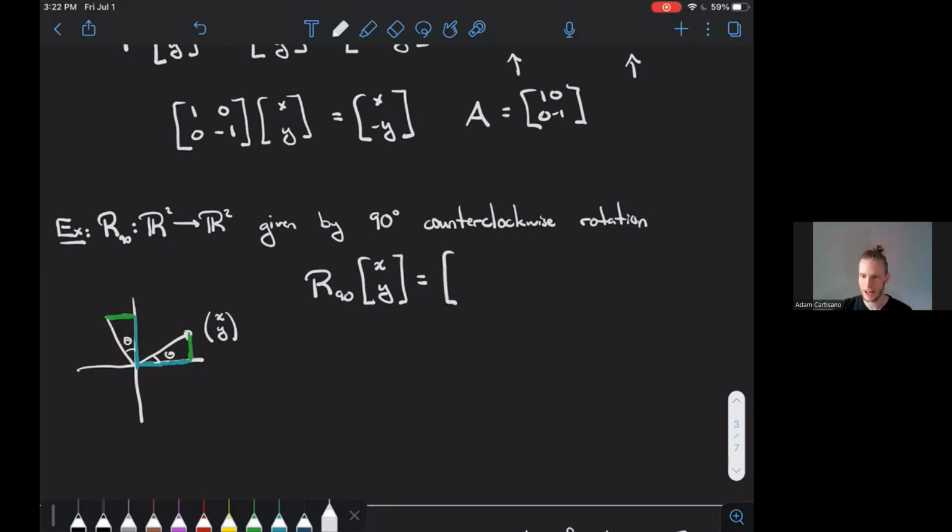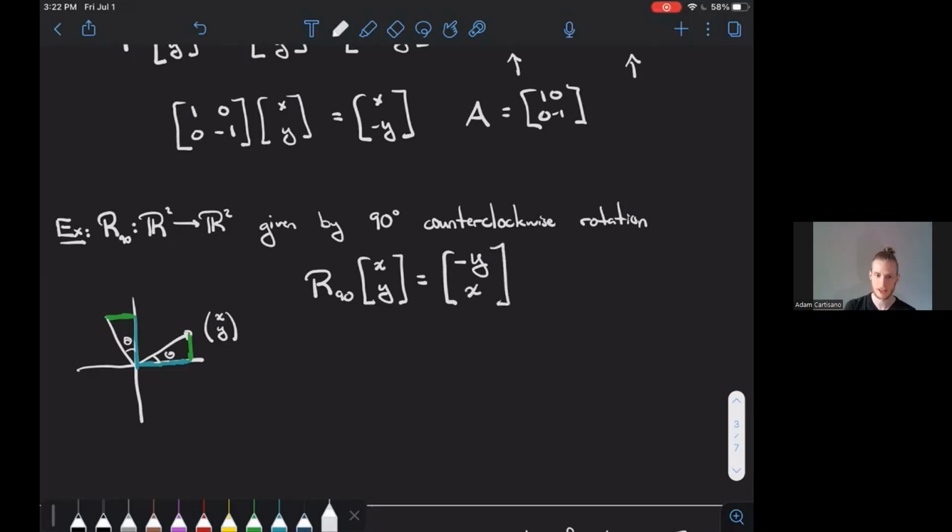So in other words, you take the y component of the original vector and move that much in the negative direction along the x-axis. So in the first component, we put minus y. And then what is the y component of that new vector? It's just move in the positive y direction what you had to originally move in the positive x direction to get to the original vector xy. So you just put an x in the y component.